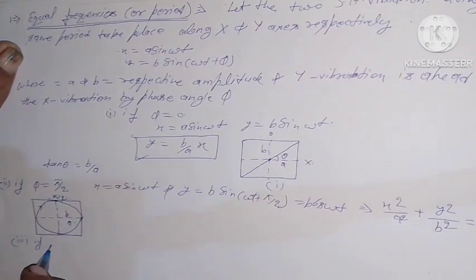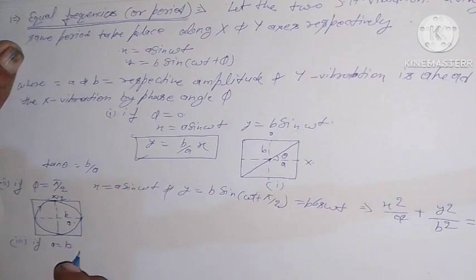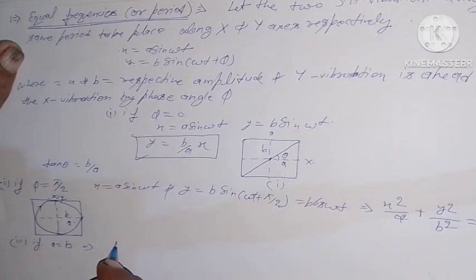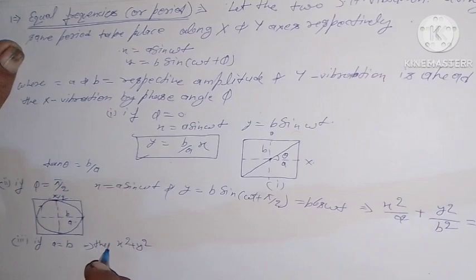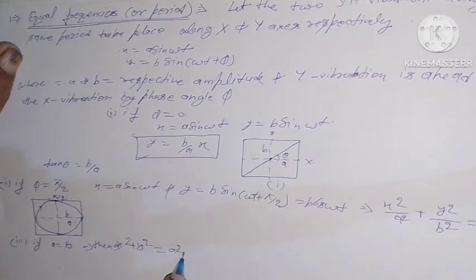If A equal to B, the resultant curve is a circle given by x square plus y square equal to A square.